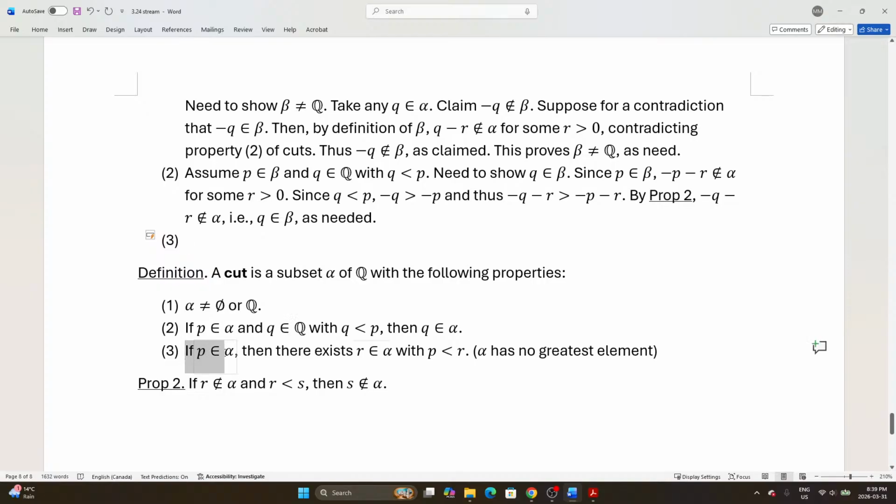Okay, third one. So let's assume p is in beta. Let's copy this down and modify it. Assume p is in beta.